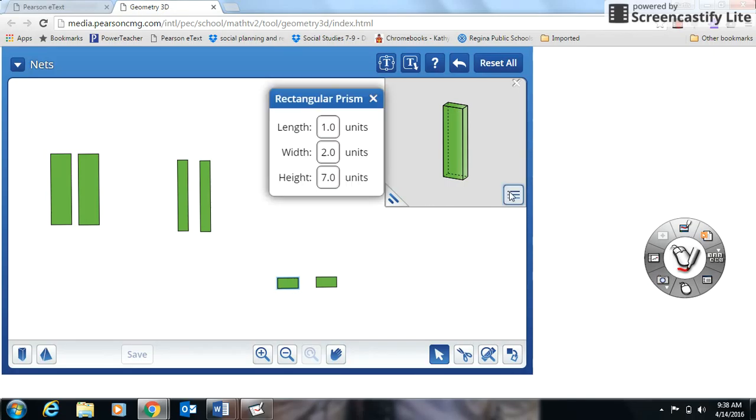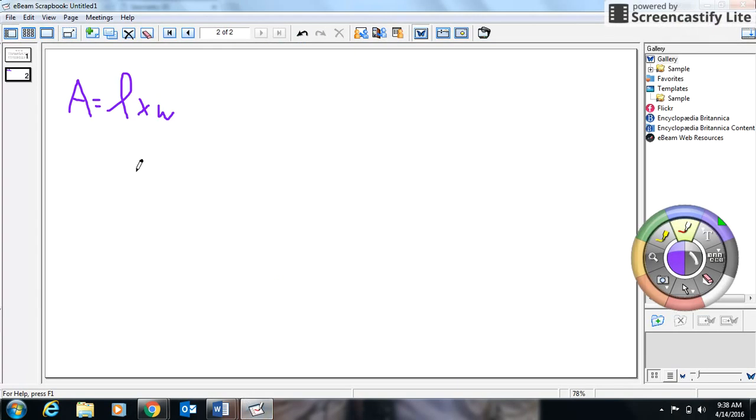Going back over here, I know that 1 by 2 is the length and width of this. So I'll say 1 times 2. So I know the area of shape A is 2, in this case, centimeters squared.